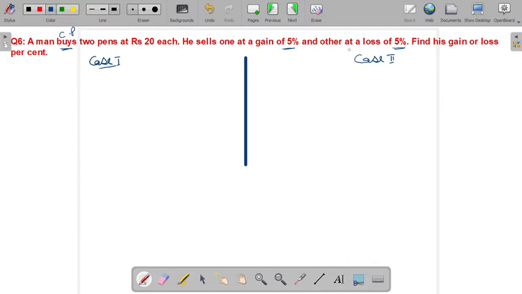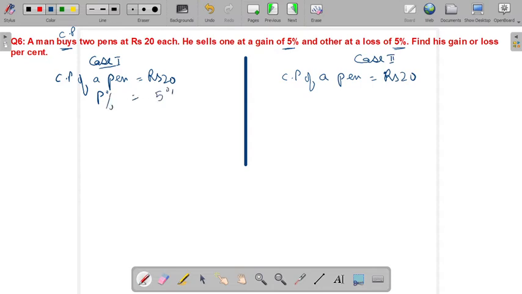And this question is very important. So the cost price of a pen equals rupees 20, and in the second case also the cost price of a pen equals rupees 20. In the first case the profit percent is given as 5%, but in the second case the loss percent is given as 5%.